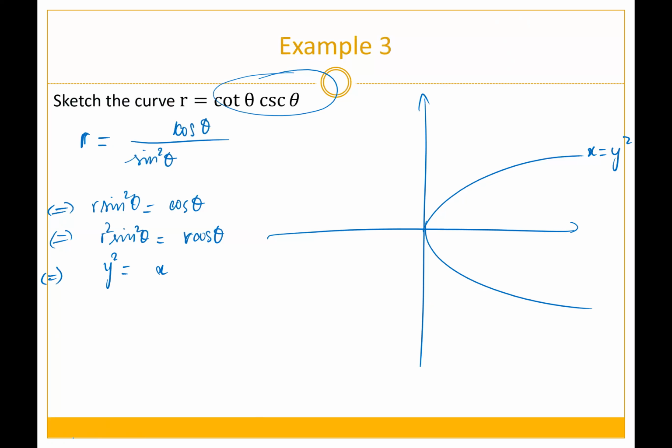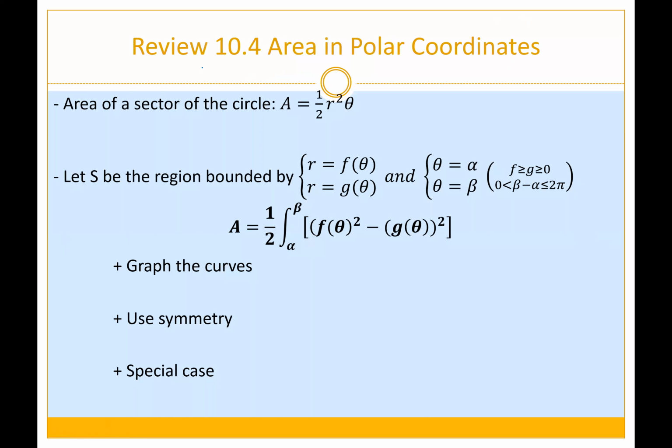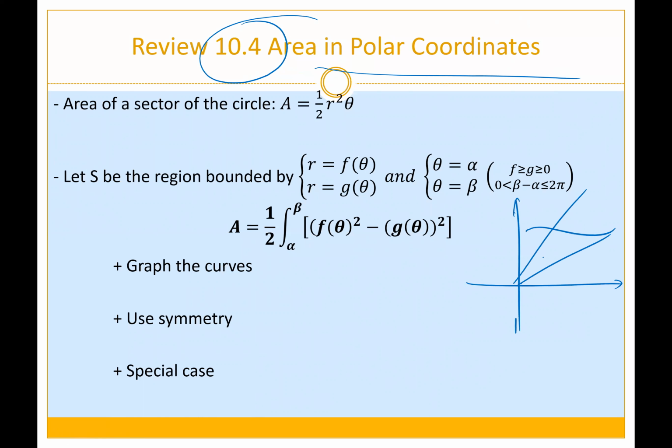Let's go to 10.4. So 10.4 is area in polar coordinates. It gives us a way to find the area if you have a graph like this, and you want to find the area only when you sweep through angle theta 1 to theta 2.